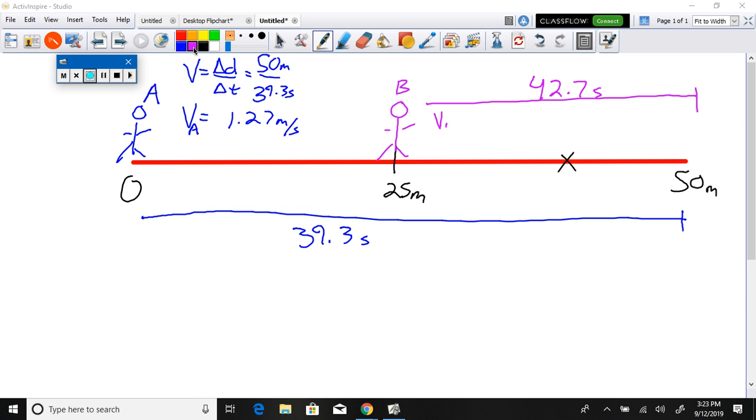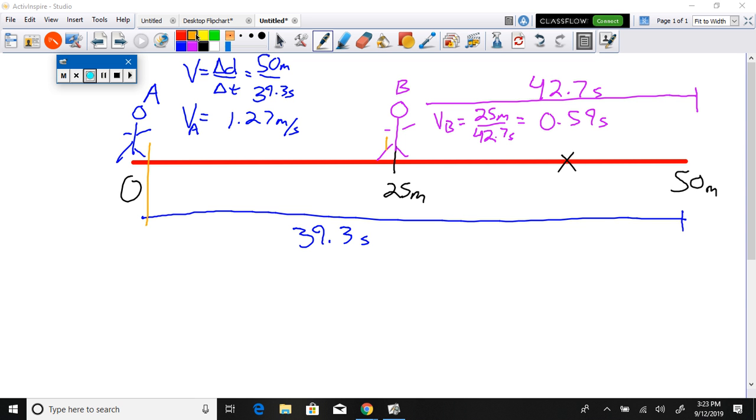The velocity of B: they went a displacement of 25 meters in 42.7 seconds, so a much slower velocity of about 0.59 meters per second.